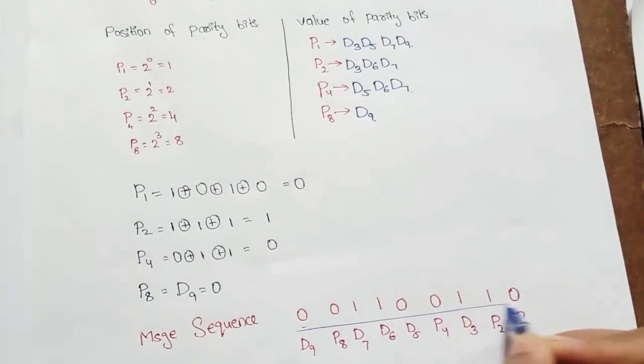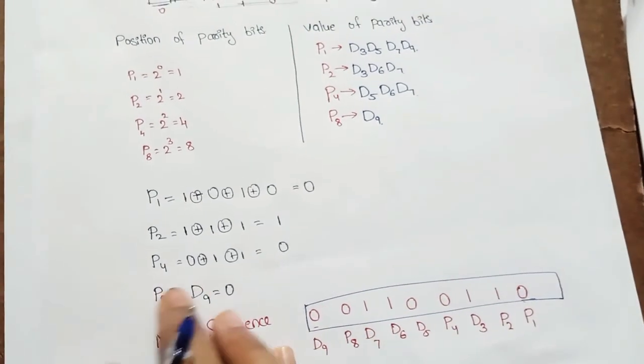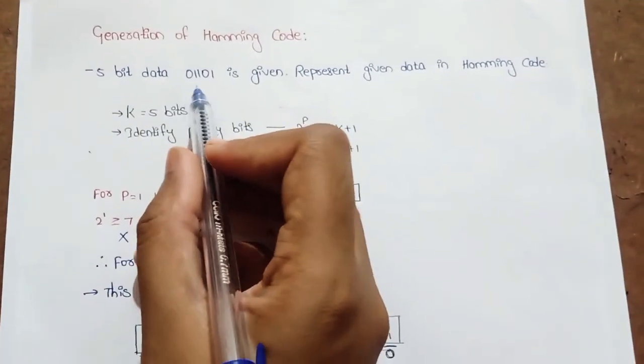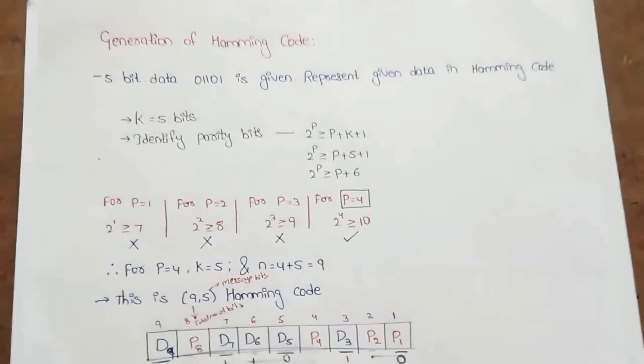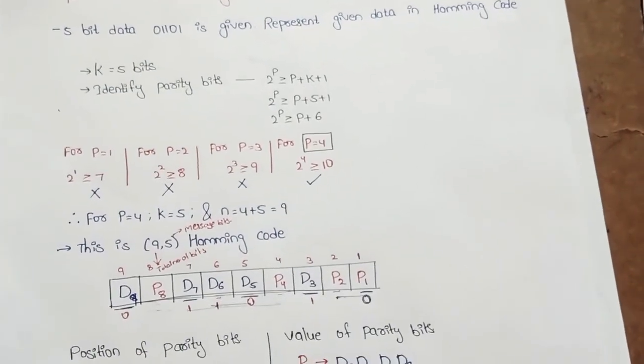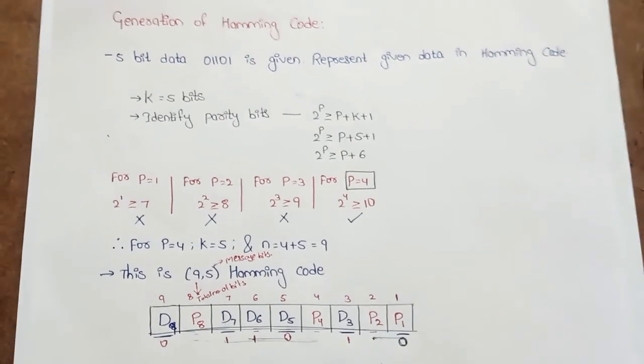This is our message sequence for the given 5 bits of data. This is the Hamming code for the given 5 bits of data.